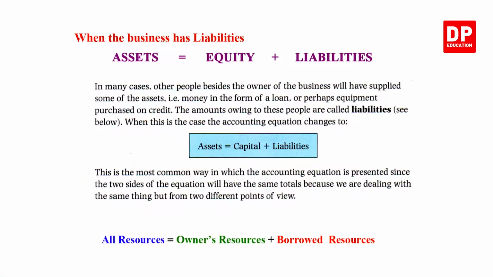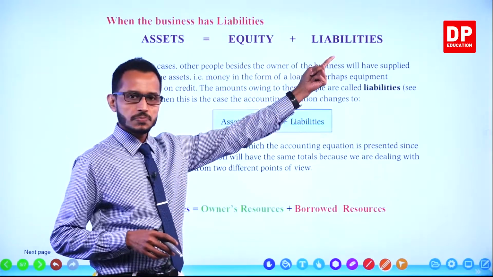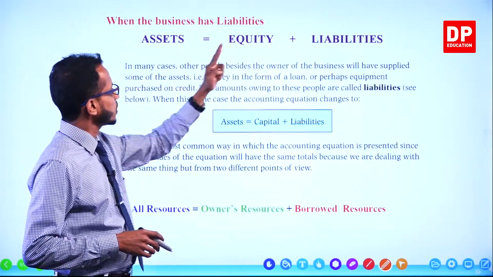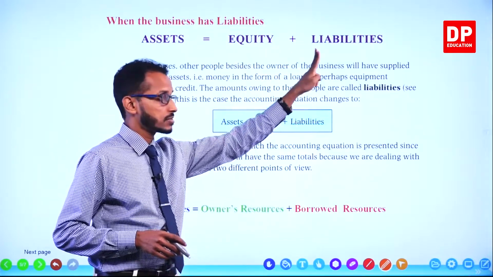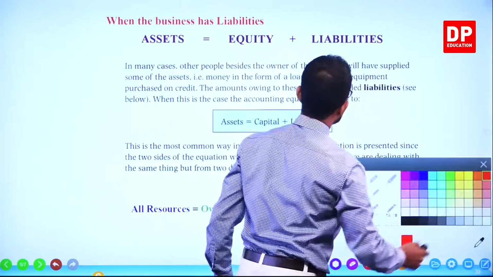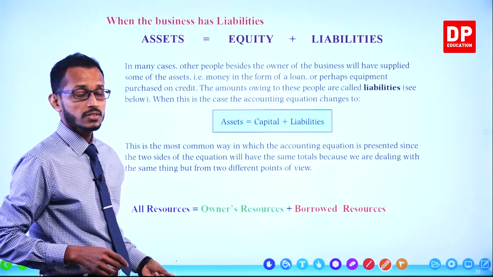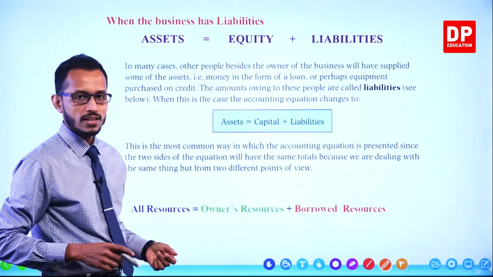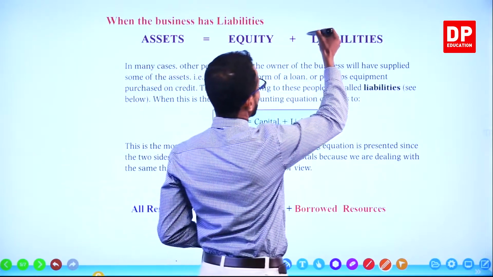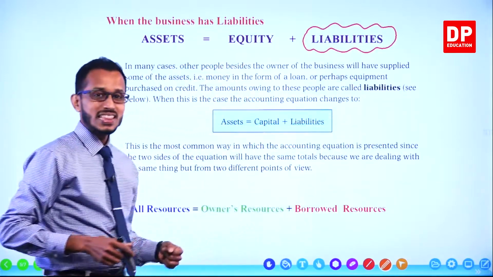Moving to equations which are a little more complex than that simple one. Now we have assets equal to equity plus liabilities. Now we are getting to the risky stuff. What is the risky stuff? These are the risky stuff: liabilities.